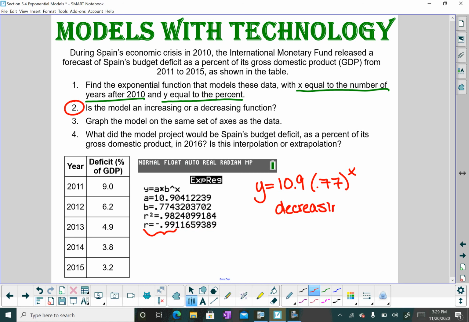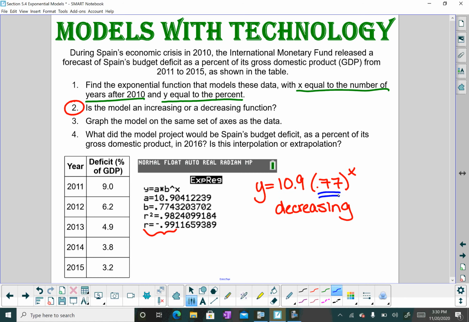If you didn't see that with the R value, you could also look at the growth rate.